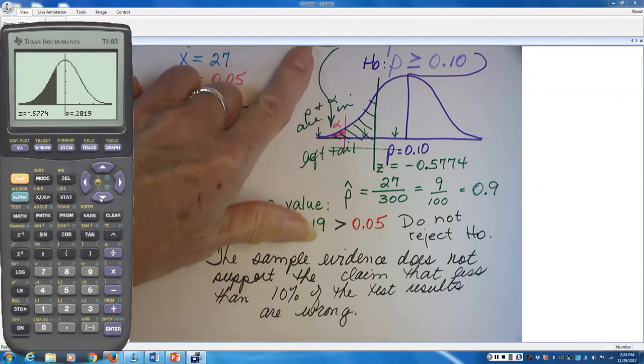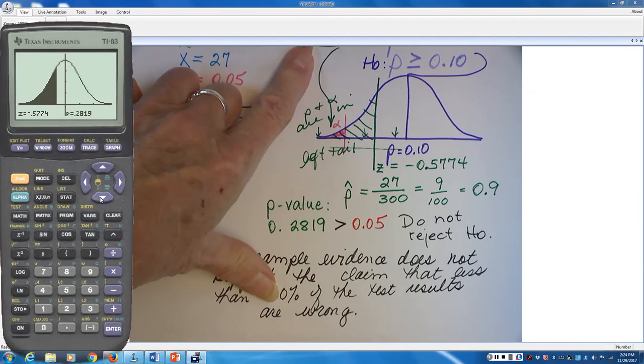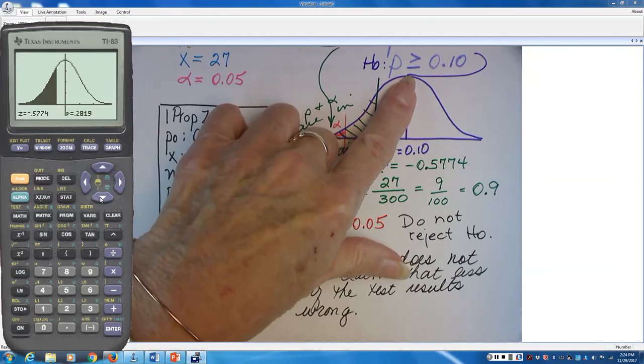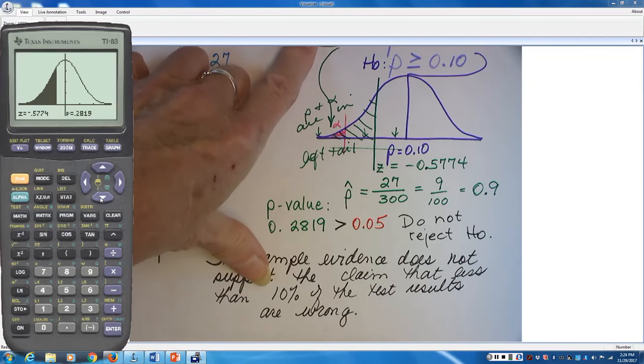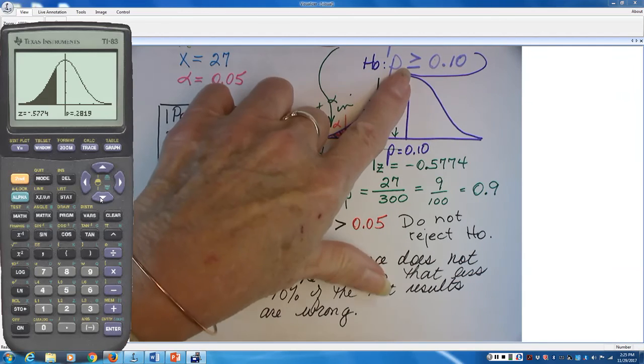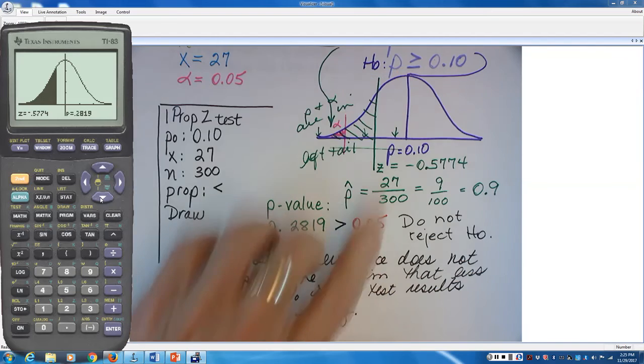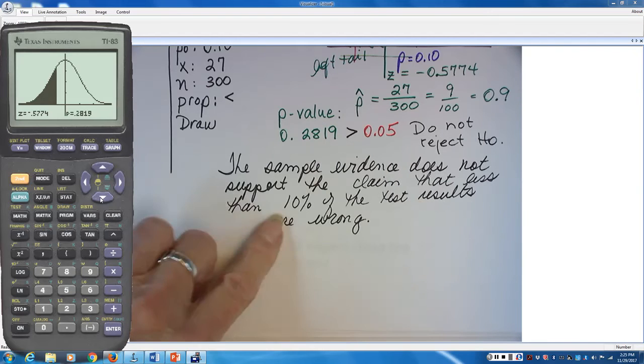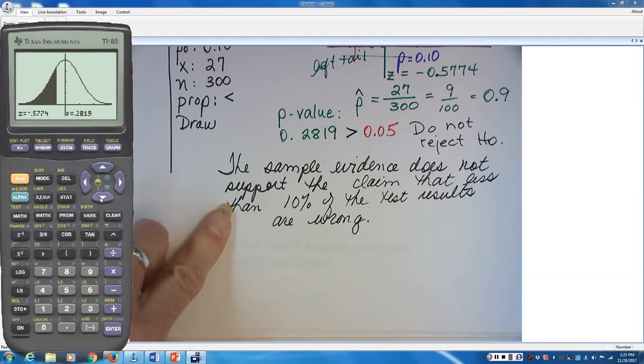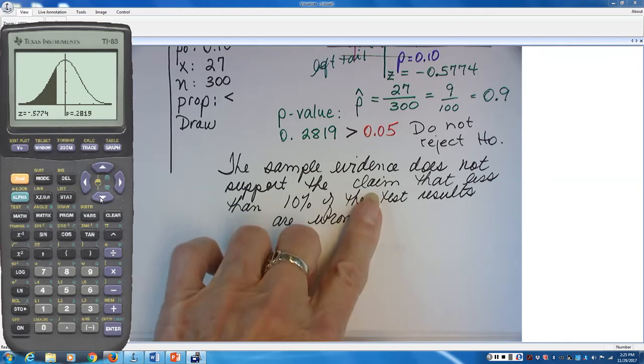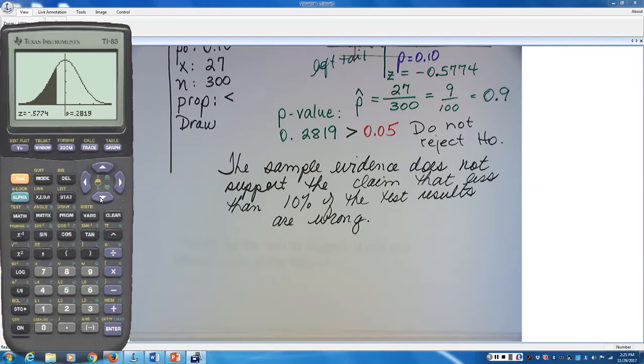But the claim was that it was less than 10%. If this is true, the claim can't be true. So since the evidence says this is probably true, we say that the sample evidence doesn't support the claim, because the claim was not H0, the claim was H1. Okay?